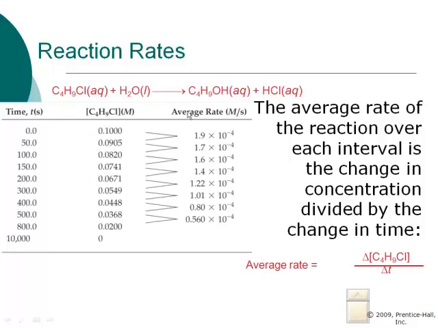So what they did is they calculated the average rate between two time intervals, and they did it consistently for each time interval given over here. So change in molarity divided by change in time. And remember, it's final molarity minus initial molarity.